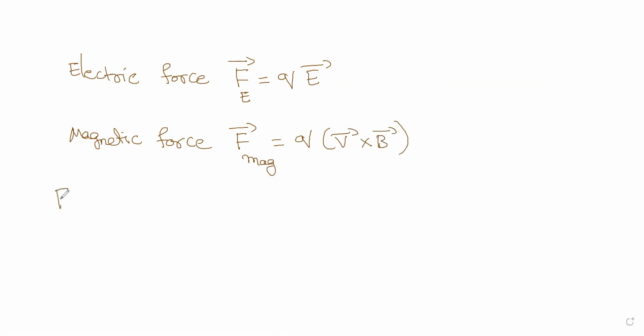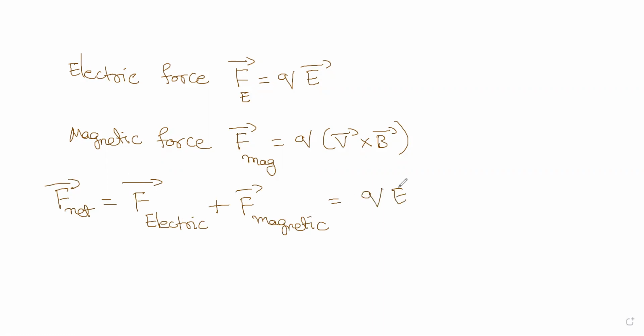Now the net force is the sum of these two, F bar electric and F bar magnetic. So it is given by QE bar plus Q into V bar cross B bar. So we can take Q as common.